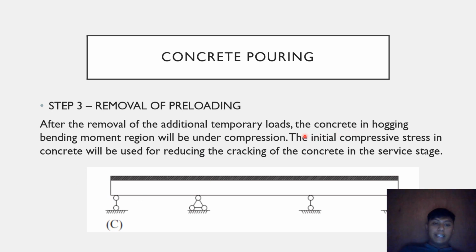Hogging bending moment is the negative bending moment. So in these regions here and here, the concrete will now be under compression. The initial compressive stress from the pre-stress in the concrete will be used for reducing the tension in the concrete in the service stage. That is how the concrete pouring sequence works.